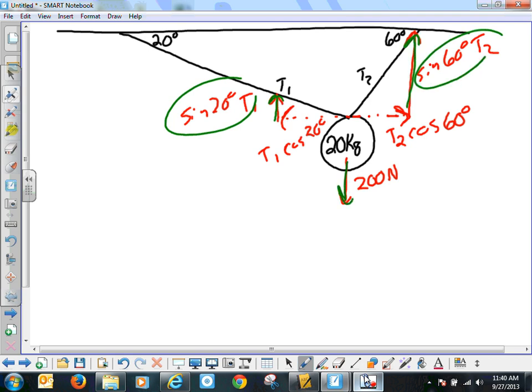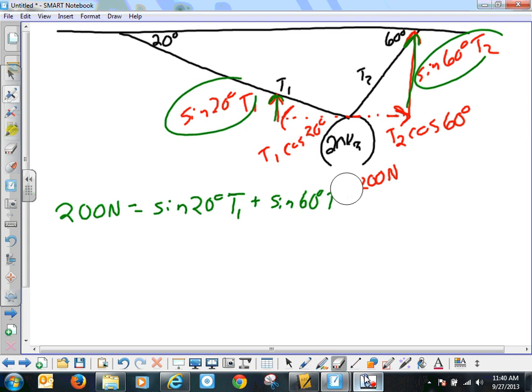They're the only thing that can take care of the force of gravity. So I could just say right away, 200 newtons is equal to sine 20 T1 plus sine 60 T2.